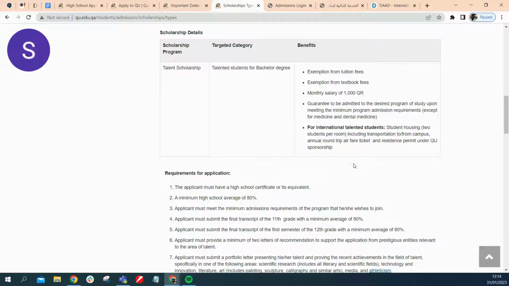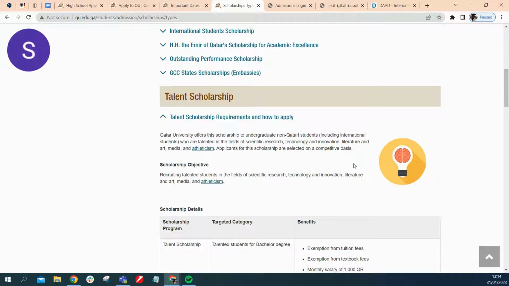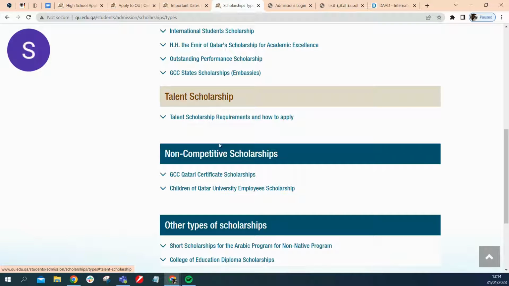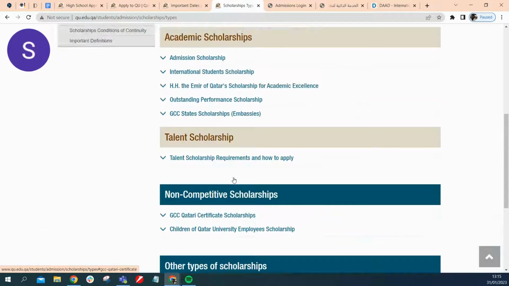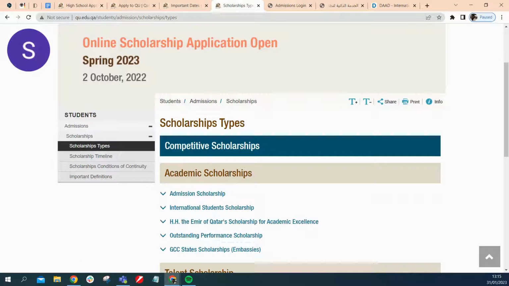So please also do well to check it out if you have a very good talent. Non-competitive is for the Qatar nationals. Other types of scholarship include the Arabic scholarship and the rest. So this is basically what we have here.